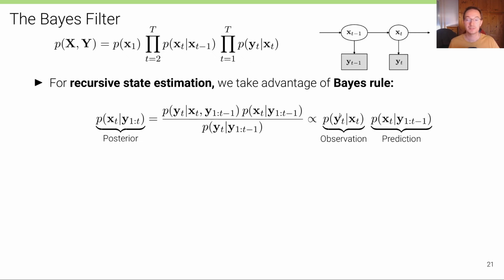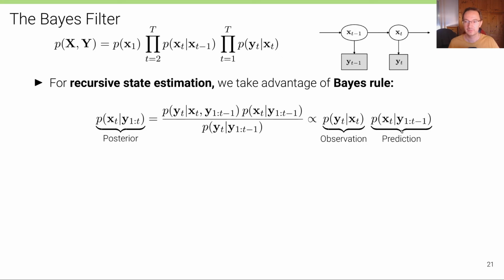And what you see is that this term is slightly different from this term here. And why is that so? Well, that is because we have made use of the Markov properties that we have assumed. We know that the variable yt conditioned on xt, in other words, this variable conditioned on this is independent of all the other previous variables, which means that this distribution is equal to the probability of yt given xt, and that's simply the observation model.